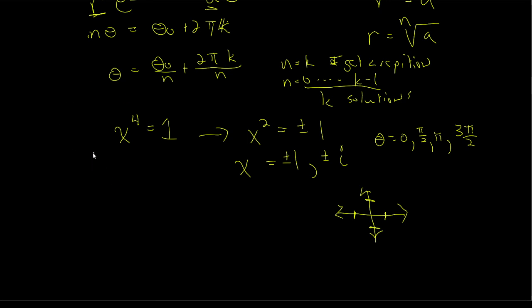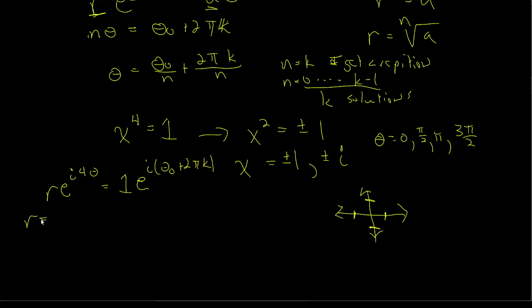And so if we use the polar description of these, the magnitude, so I'm going to have r e to the 4 theta equals, well, the magnitude of 1 is 1 times e to the i theta naught plus 2 pi k.